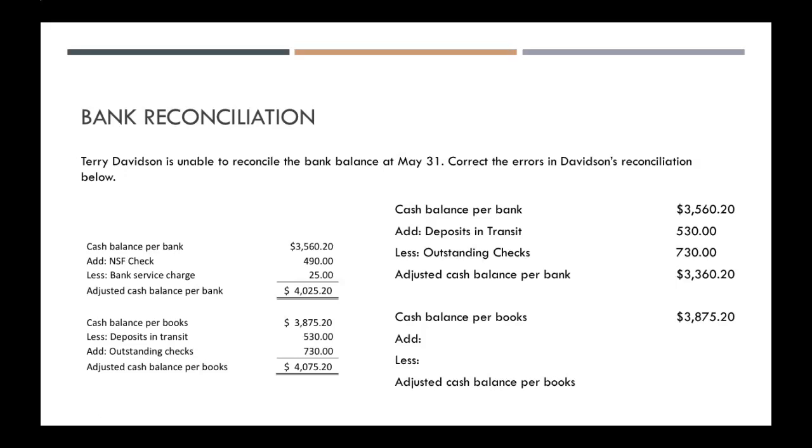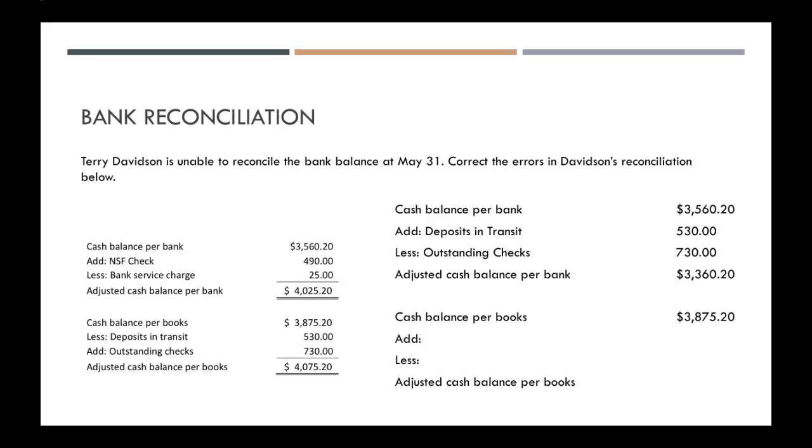So now we can take a look at the cash balance per books. Well, we know that the only two adjustments left are the NSF check and the bank service charge. So those are going to go over here on the cash balance per books. But we just now need to figure out where they would go.